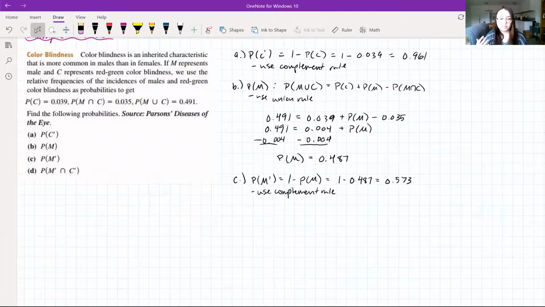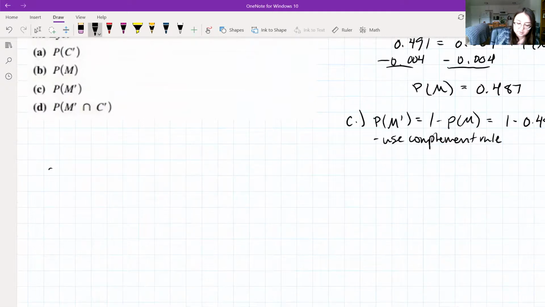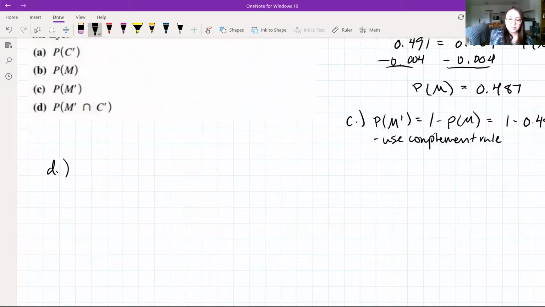All right, so now we can go on to part D. Let's put this right over here. So for part D, we have the probability of M prime intersection C prime. So essentially, we can rewrite this. This is a rule or a trick that we can use when we have things like this.